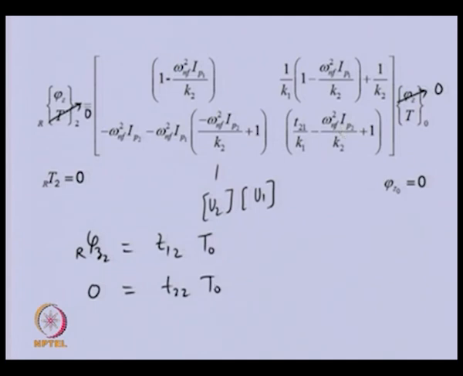So we can see that for the second equation, because T naught cannot be 0 at the free end, we need to have T22, which is a function of natural frequency, equal to 0. So we need to equate this quantity to 0, which is a function of natural frequency, and that will give us the natural frequency of the system.